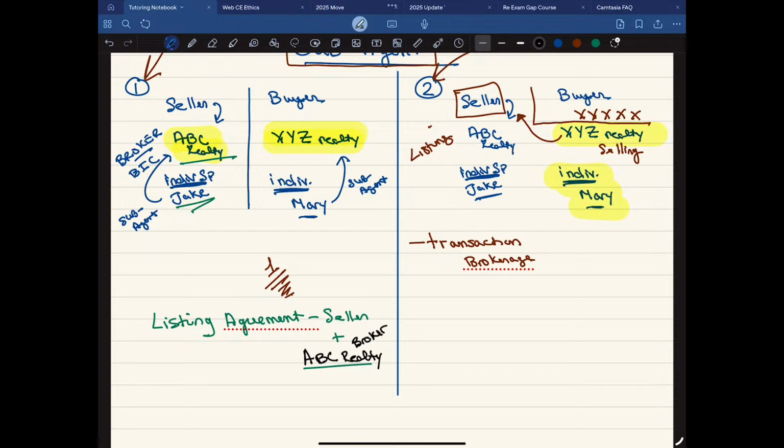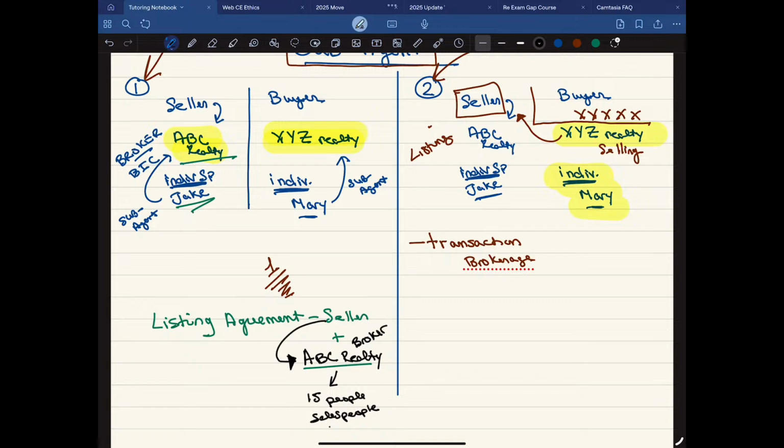Now, this brokerage, ABC Realty, could have 15 different people there. And whoever the 15 different people are, these are salespeople. Since the listing agreement is between the seller and ABC Realty, not everybody works directly with the broker.